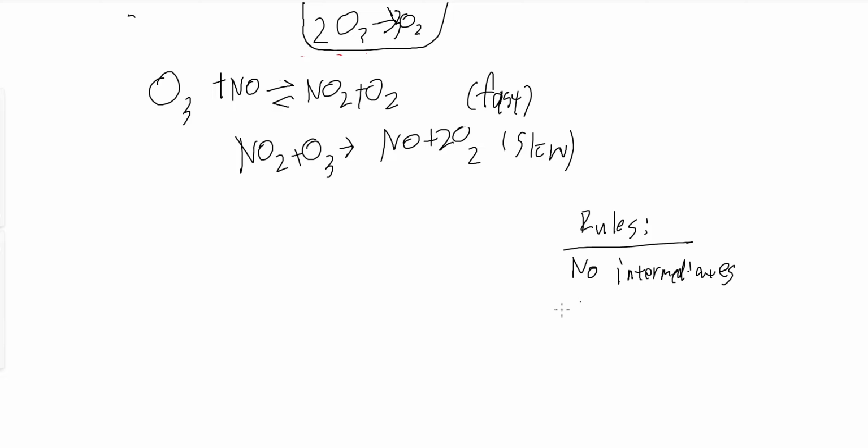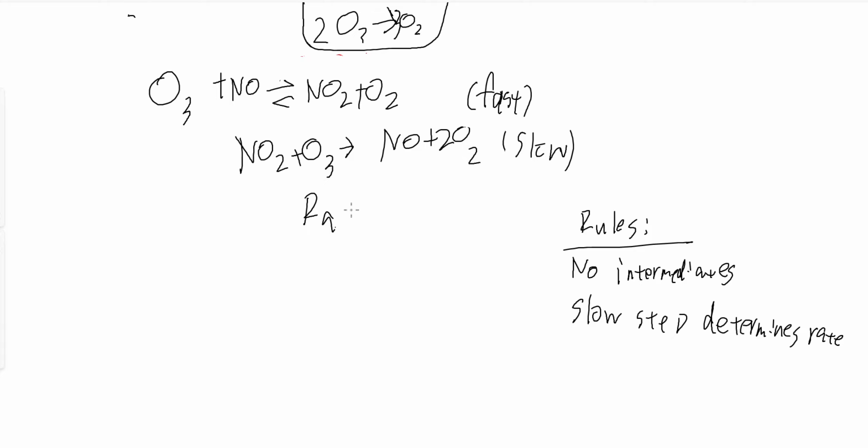Rule number 2: the slow step determines your rate law. So let's follow our rules here. First step, the slow step determines the rate.